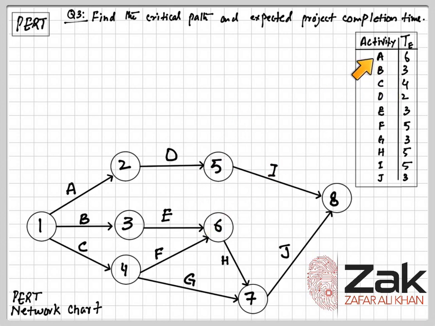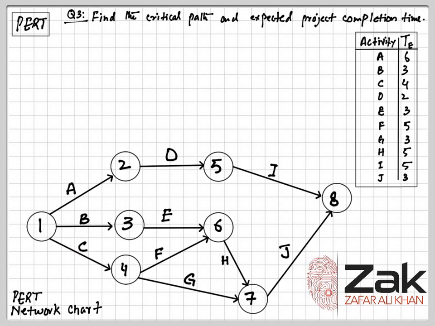So I have taken it from the previous question where we calculated the expected time TE for every activity, and we need to place it over this chart on arrows so that we have a fair idea of how many weeks each activity takes.